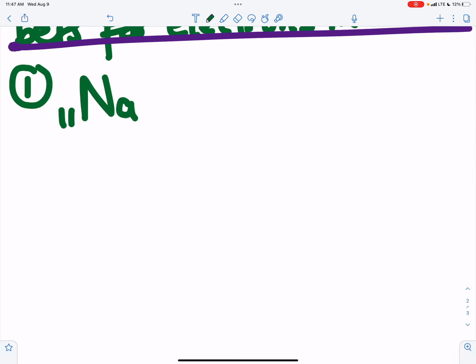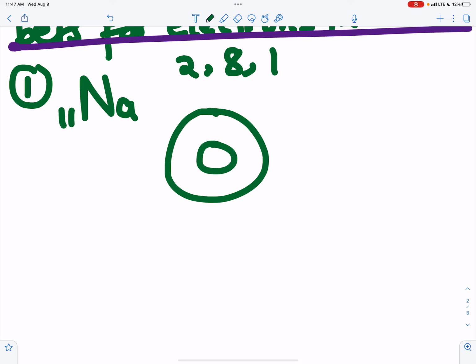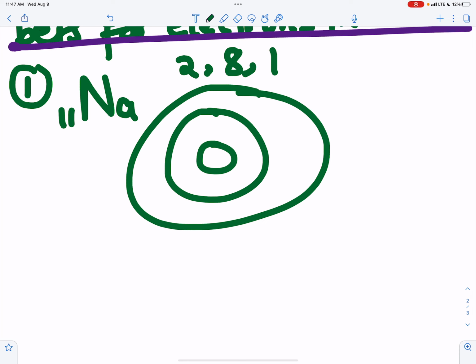Now, when you write the shell configuration of sodium, you always write 2, 8, 1. That means first shell 2 electrons, second shell 8 electrons, third shell 1 electron.